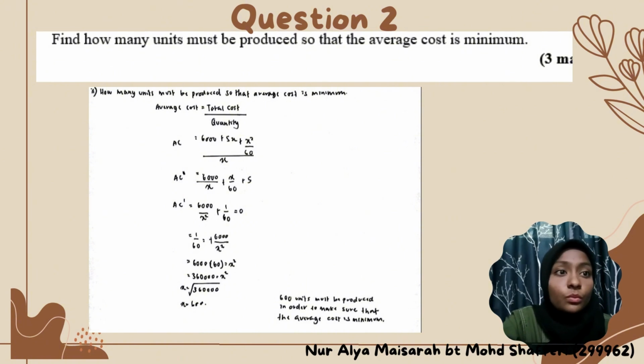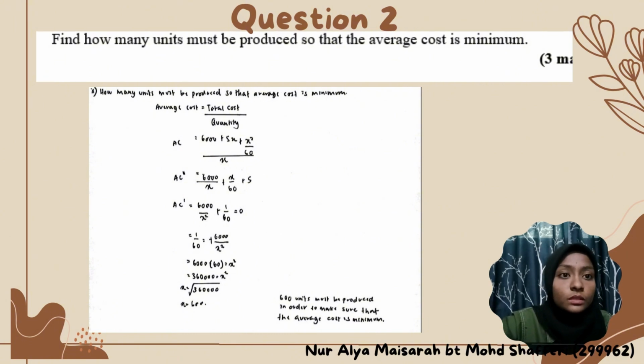equal to 0. Then for the equation, we can settle it by doing a cross multiplication, which gives 6,000 multiplied by 60 equal to x squared. So we can get 360,000 equal to x cubed.